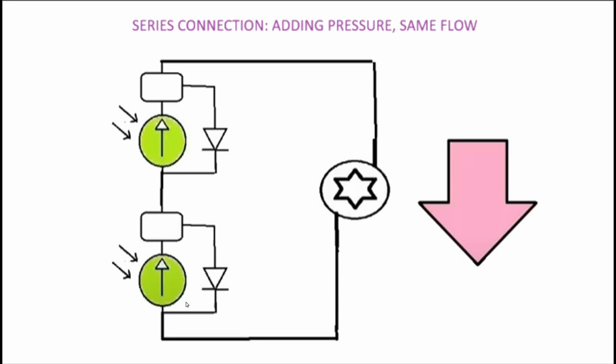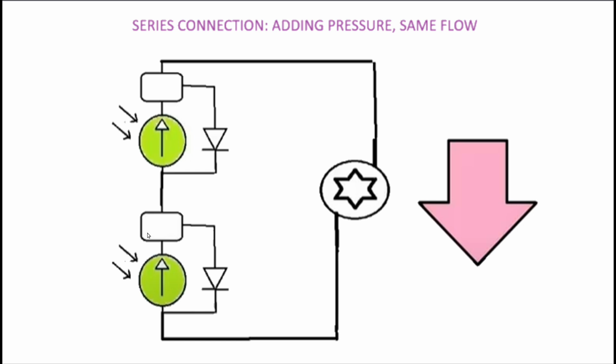Here I've got 2 cells in series, and this pump is creating 5 units of pressure here. This pump builds on that, and so you end up with 10 units of pressure here. Now the pressure equates to voltage, so in series you're getting your voltages adding together.